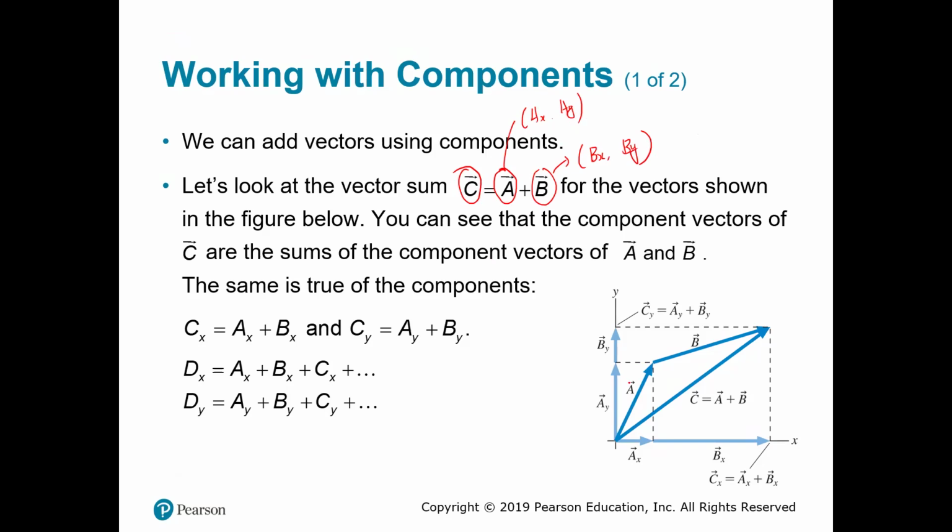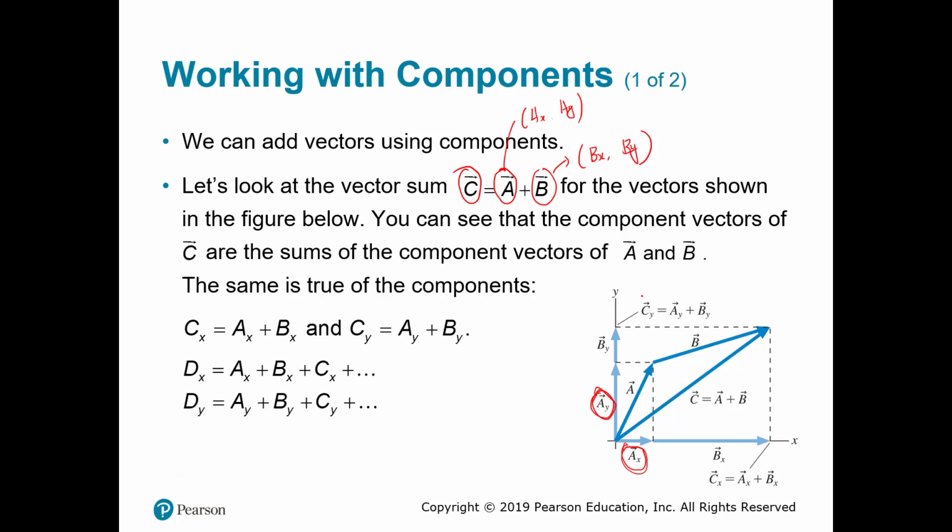So now let's assume this is your a vector. Again, a vector consists of two parts, right? A horizontal component and a vertical component. So in other words, a vector is simply a x vector plus a y vector. And then the b vector also consists of two parts, its own x vector and its own y vector, right?